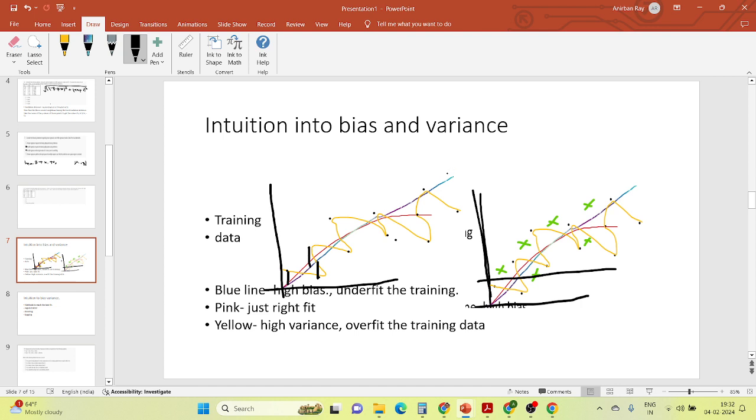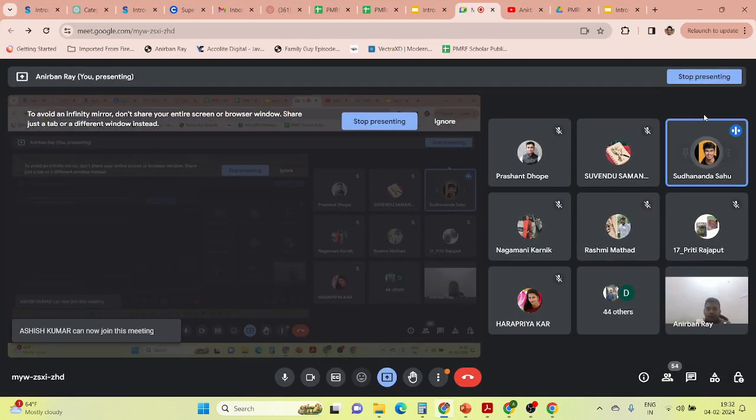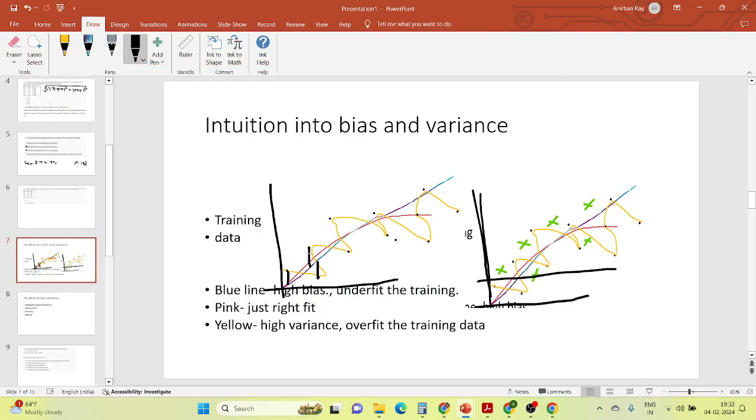I want a straight line, but this is not able to fit the data. So it is my own bias that I engage with the regression, but it is not working. That is called bias. Bias means my preconception.